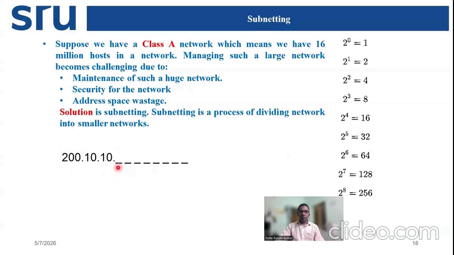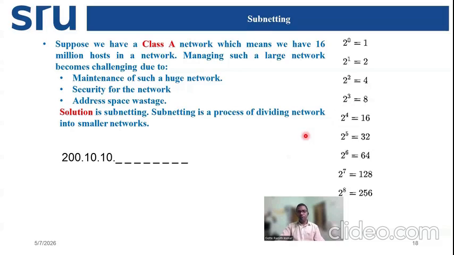That's why 2 power 1, so the network is divided into 2 parts. If you consider 2 bits, then 2 power 2, so the network is divided into 4 parts, meaning 4 subnetworks. In this way, the huge network is divided into subnetworks.